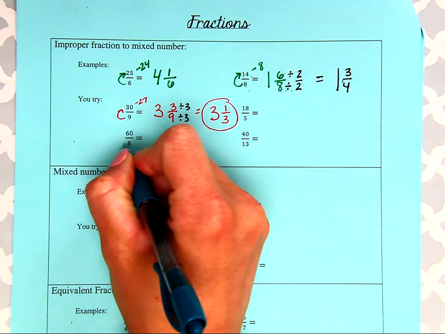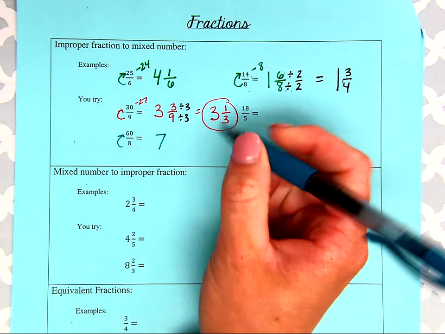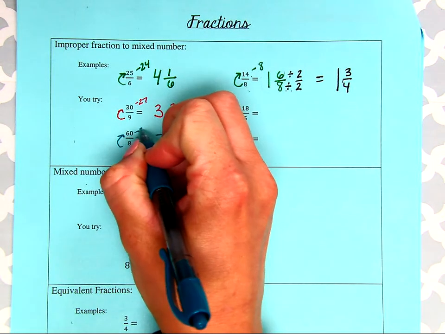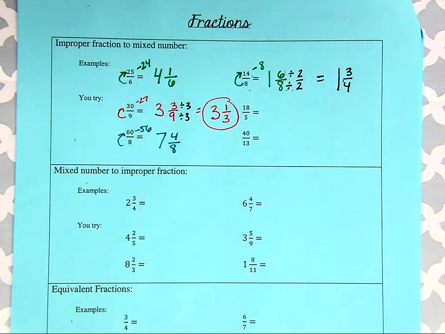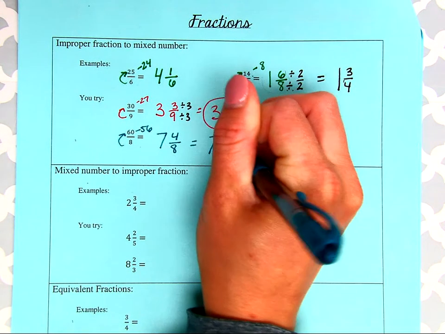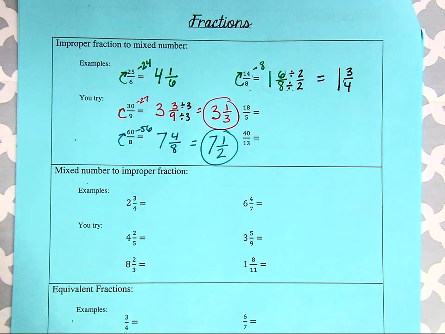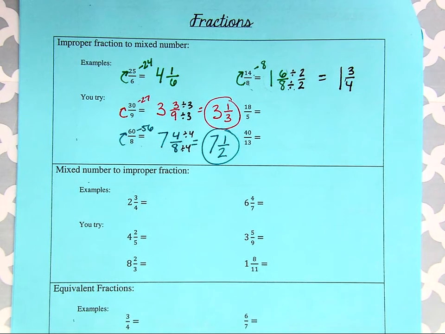If I go down here, 8 can go into 67 whole times. 8 times 7 is 56, so that leaves me with 4. I can reduce that again to get 7 1/2. I was dividing by 4 over 4 there.